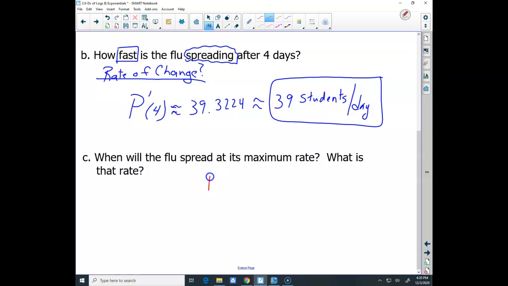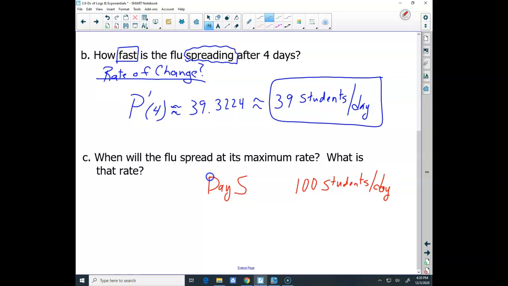Well, day 5. What is that rate? 100 students per day, roughly. Okay? That's what it's going to spread.